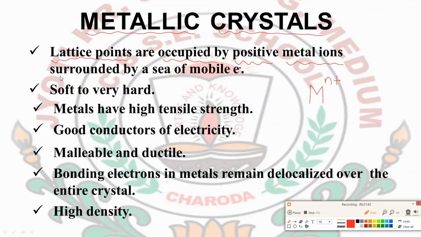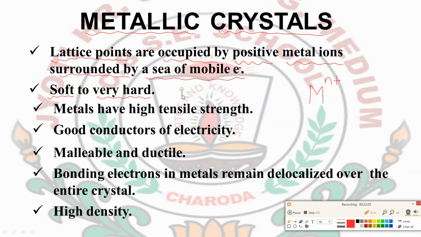These positive metal ions are surrounded by a sea of mobile electrons. These electrons are free to move easily from one end of the metal solid to the other end. They can be soft to very hard.